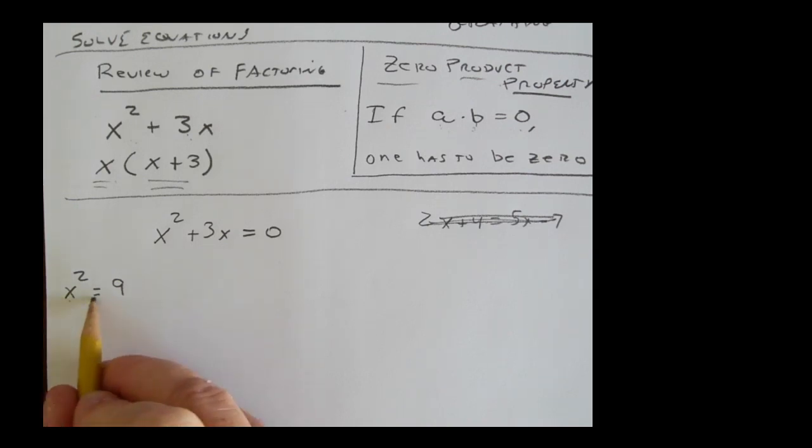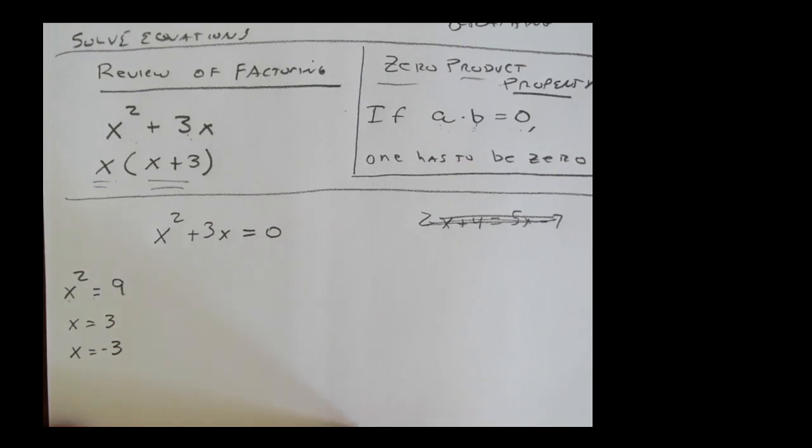What times itself equals 9? x equals 3. That's one answer. But x could equal negative 3 too. Negative 3 times negative 3 is 9. So we're going to have two answers. When we have a squared, that should trigger in your mind that most of the time you're going to have two answers.